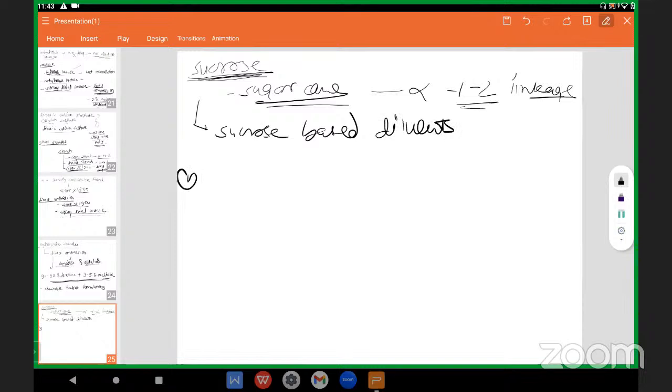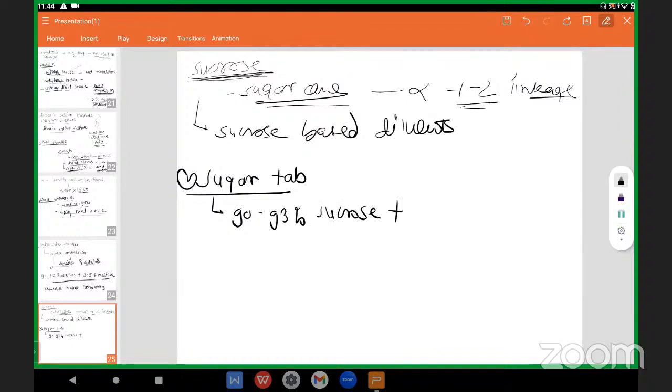First one, Sugartab. It is having the composition of 90 to 93% of sucrose plus 7 to 10% of invert sugar.